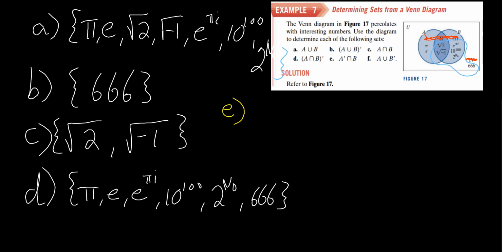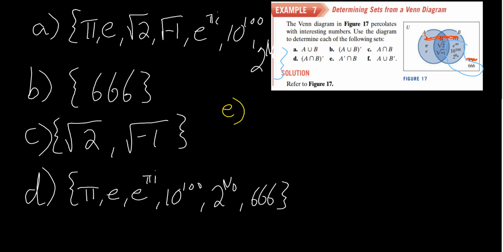Well, we're looking for A complement intersected with B. Oh, I'm sorry, not even all that. It's just simply this, because I accidentally circled the intersection, but those are in A, aren't they? So that is obviously not A complement. A complement are just those elements that are in B, as well as 666.